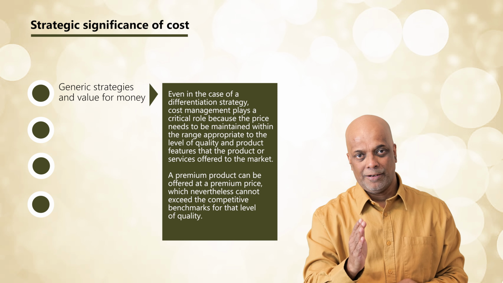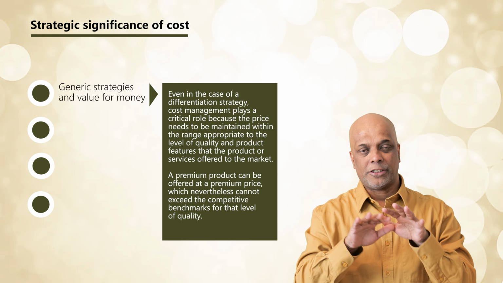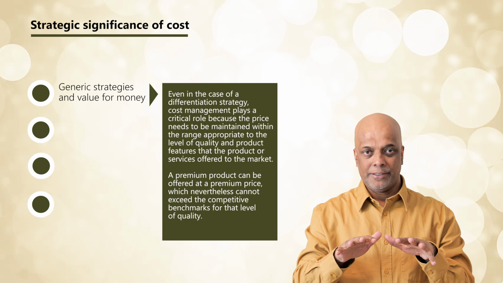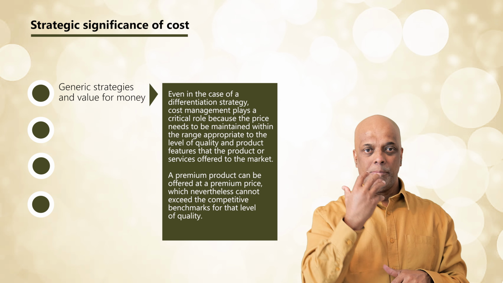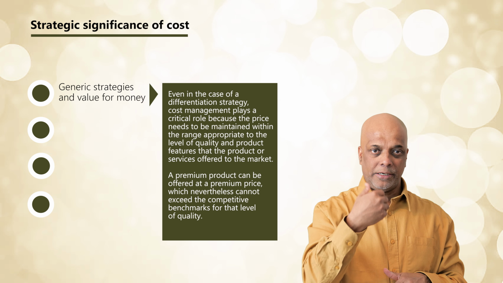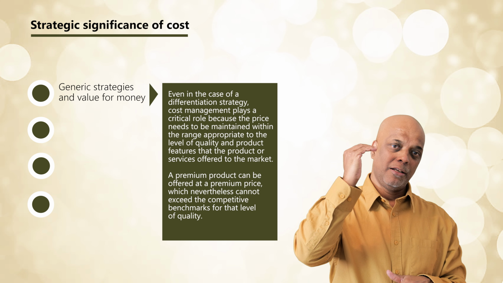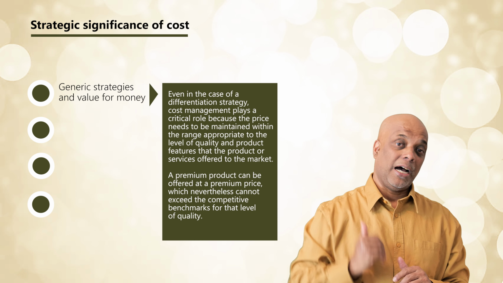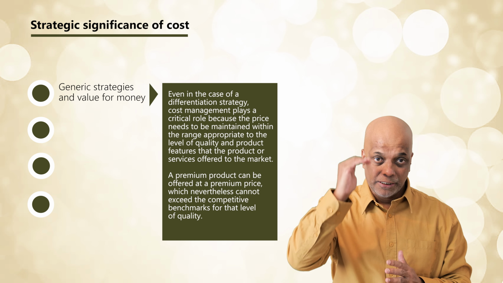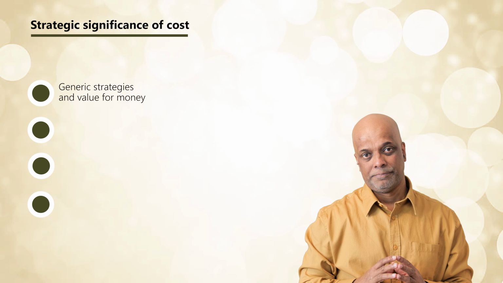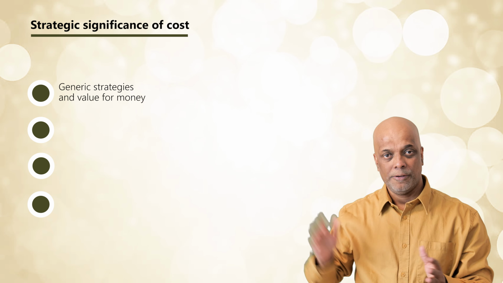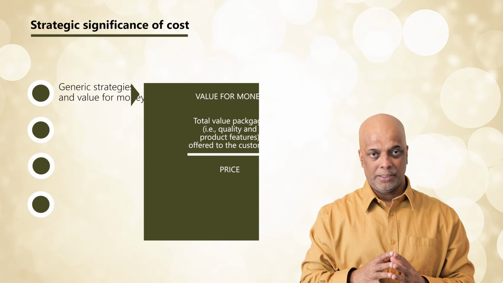So still, the firm has to manage its cost to make sure that higher quality, higher value, premium value can be produced and delivered at an acceptable cost, which is a higher price anyway, but is still within the range of acceptable price. And that is what we call the value for money.